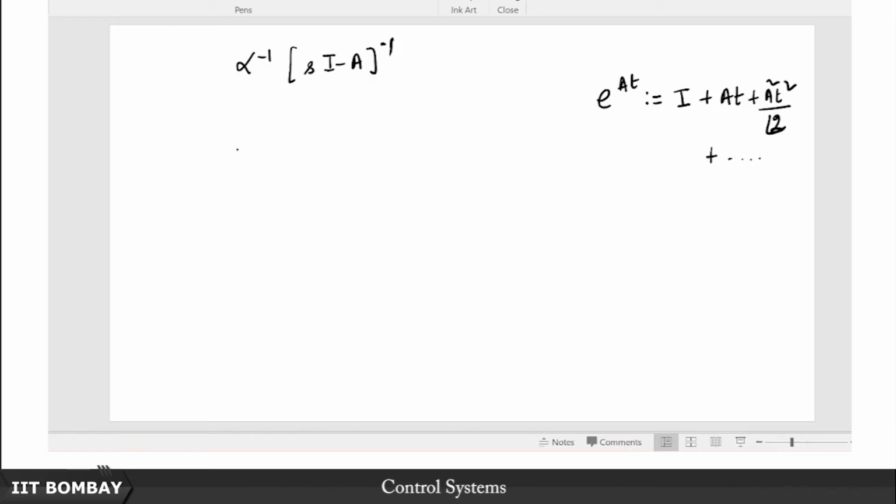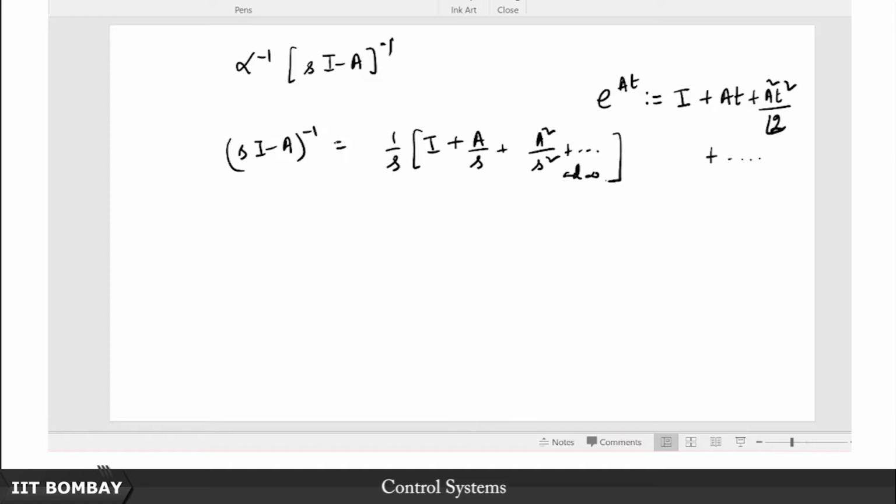Well, there is one way to check that this (sI minus A) inverse, which we cleverly wrote in this form, I plus A by s plus A squared by s squared and so on and so forth, this infinite series ad infinitum, is indeed (sI minus A) inverse.